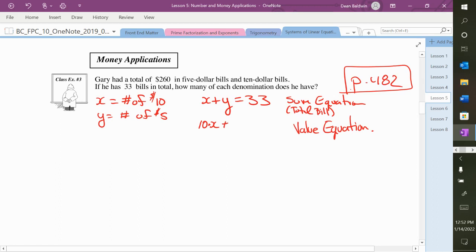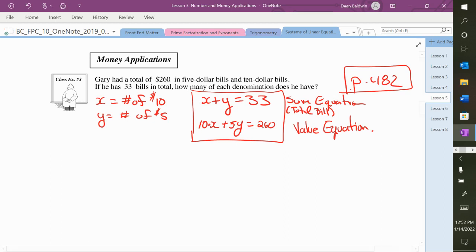The value of the bill times the number. And what does that have to equal? $260. So there's your 2 equations. You have a sum or total bill or coin equation, which gives you the number of coins or bills. And you have the value equation, which is the value of the bill times the number plus the value times the number, which gives you total value.